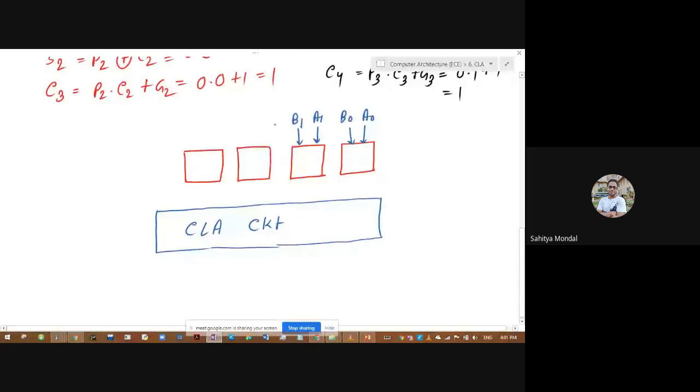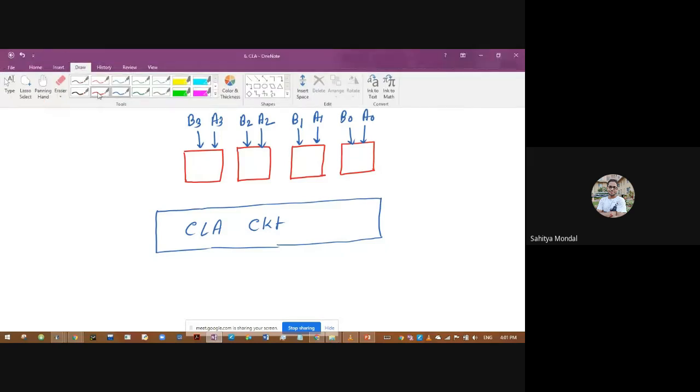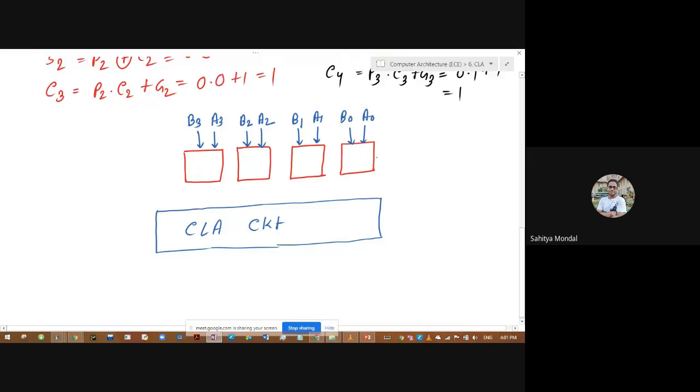This is my A1, B1, A2, B2, A3, B3. Now taking the carries as input, this is C0. Just understand that C0 is the first input taken by the first full adder. Now this will come to the CLA circuit.